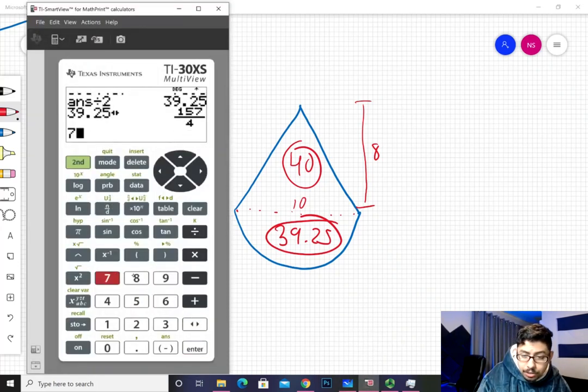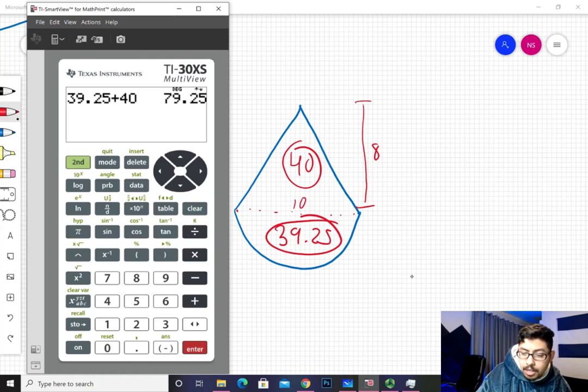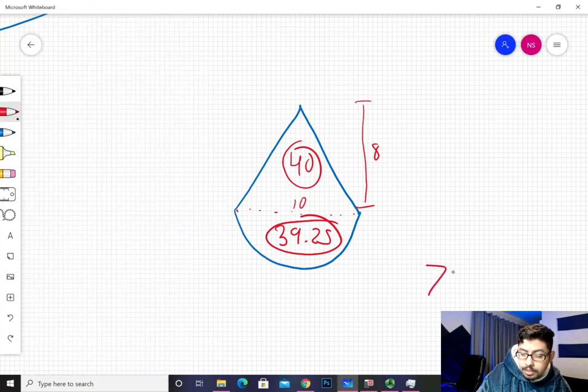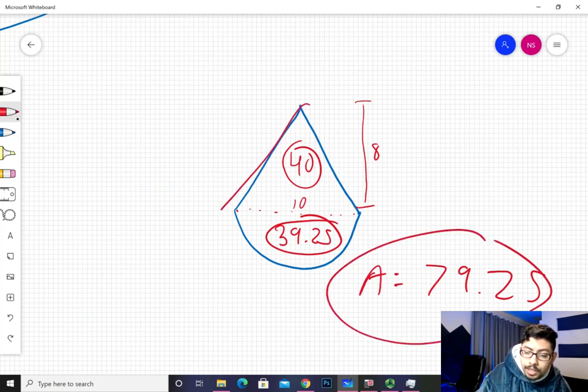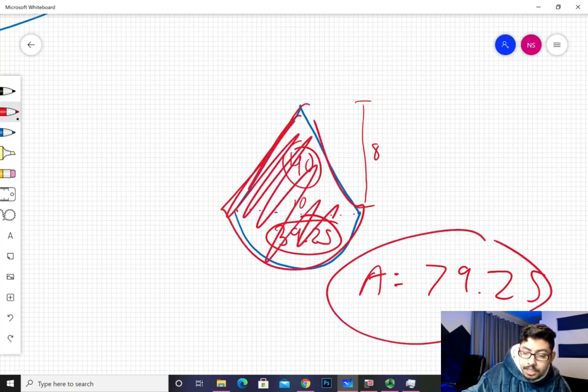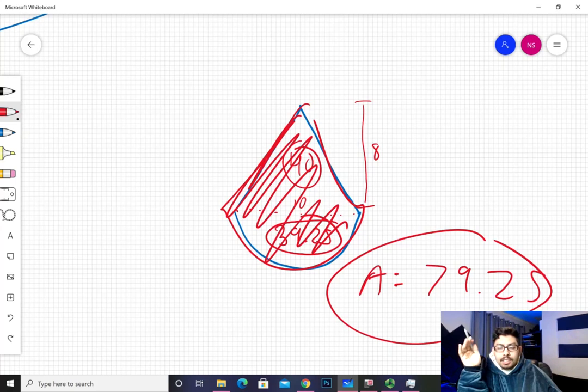When you add those two, 39.25 plus my 40, that'll give me 79.25. That'll be the area of this weird looking figure's inside measurement. So there's that. Pretty straightforward with combined figures.